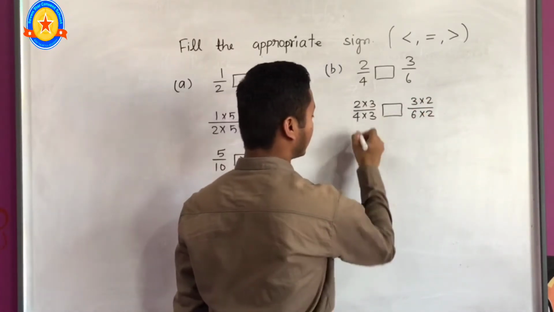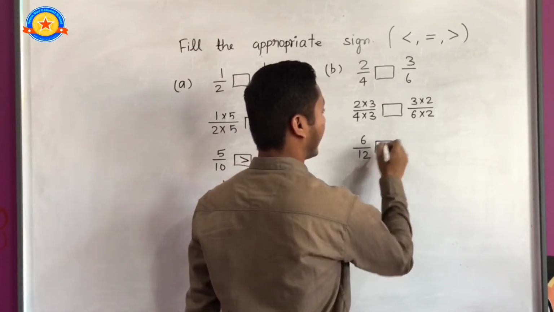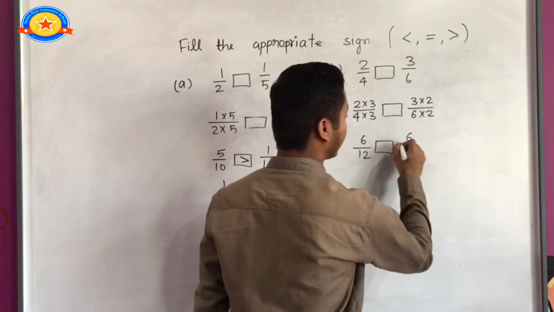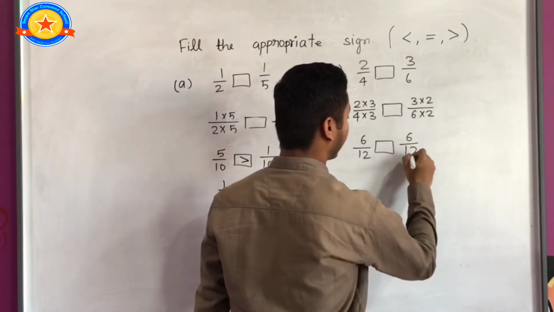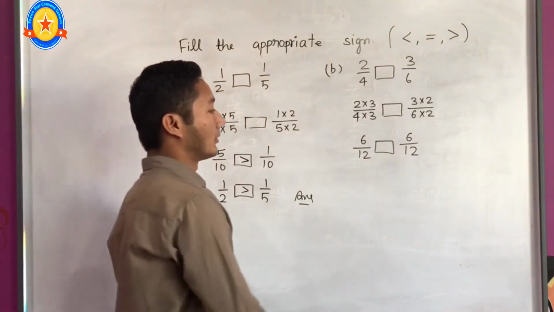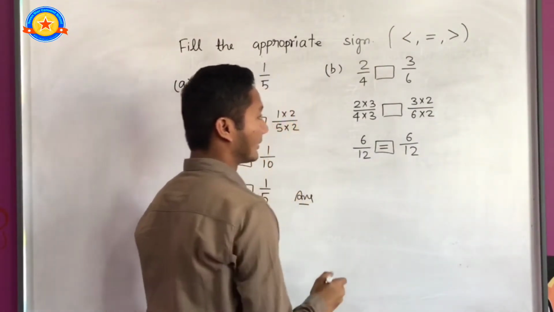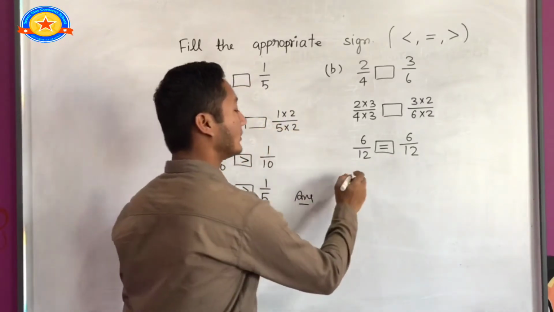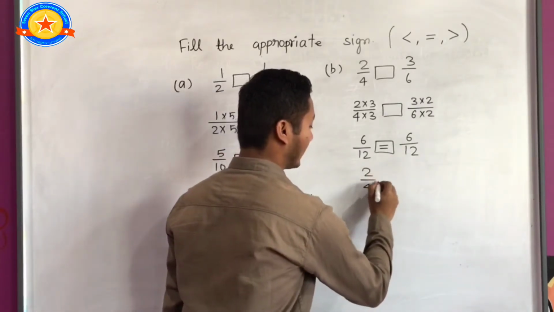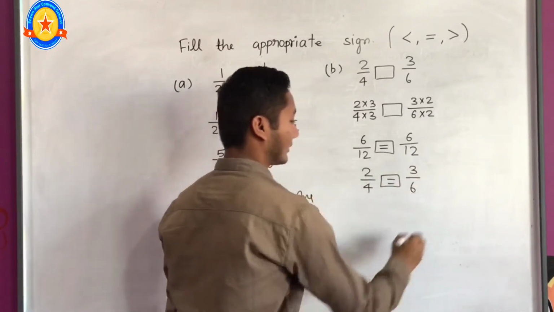Now it becomes 3 2s are 6 upon 4 3s are 12, and 3 2s are 6 upon 6 2s are 12. Now we can say both fractions are equal. Now writing in original form, 2 by 4 equals 3 by 6. This is our answer.